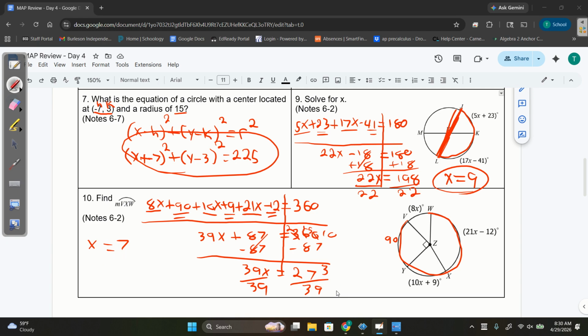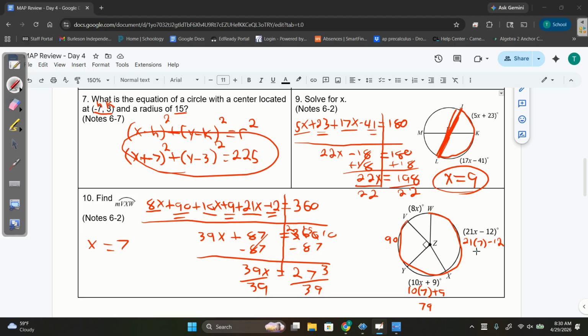Now, that's not the end of my answer. I still need to find out what the arc from here to here is. But now we can actually figure it out. Here's how we do it. We're going to plug 7 in for x for these two formulas. So I'm going to do 10 times 7 plus 9. That gives me 79. Over here I'm going to do 21 times 7 minus 12.